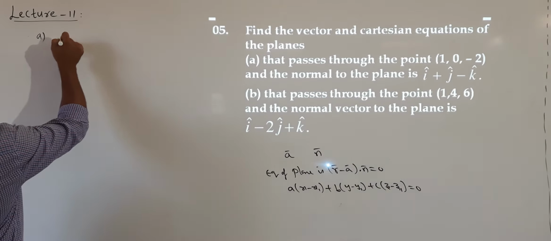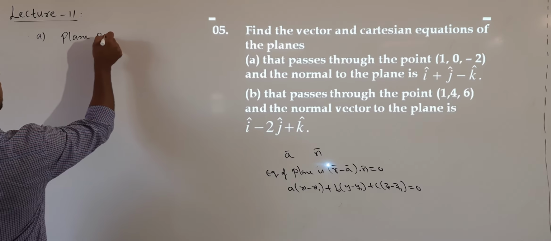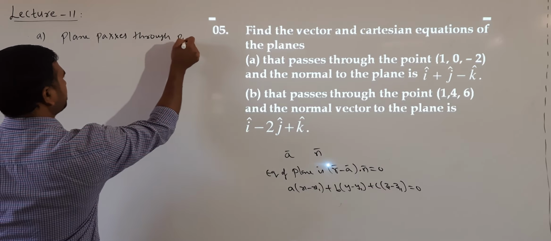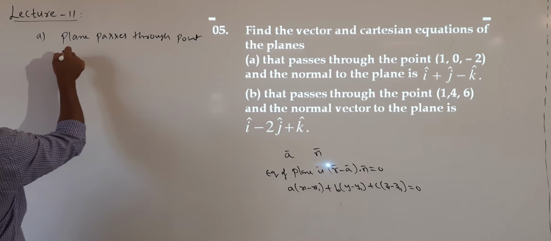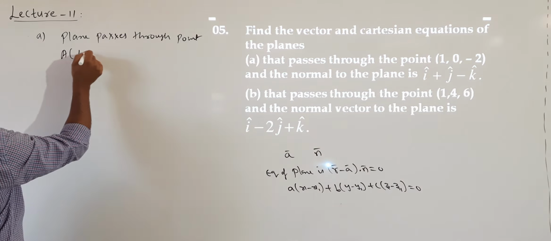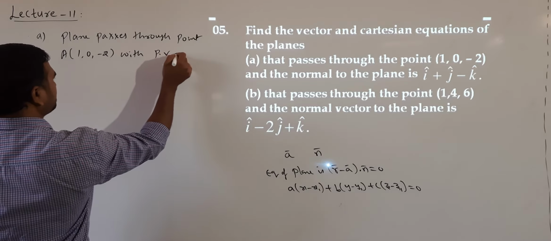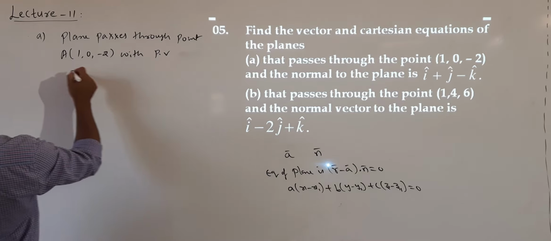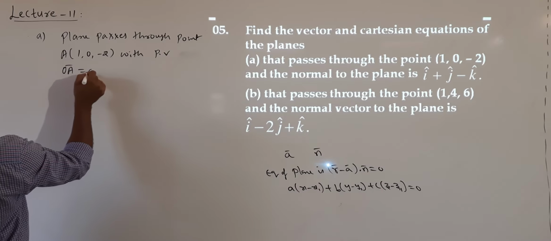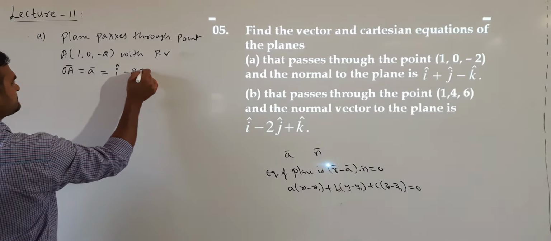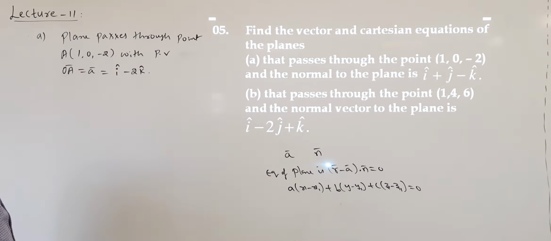So the plane passes through the point A (1, 0, minus 2) with position vector OA bar equal to a bar. What is the position vector of this? i minus 2k.